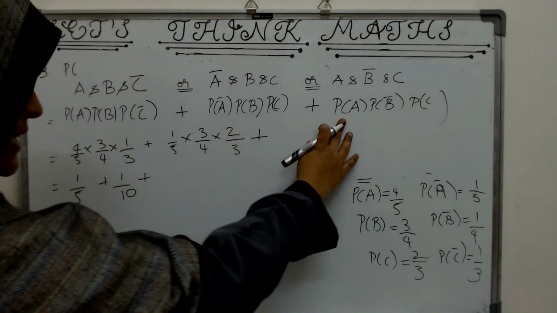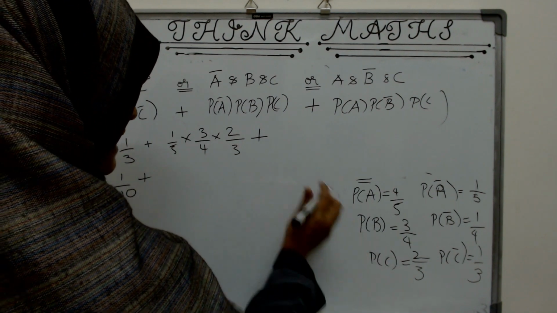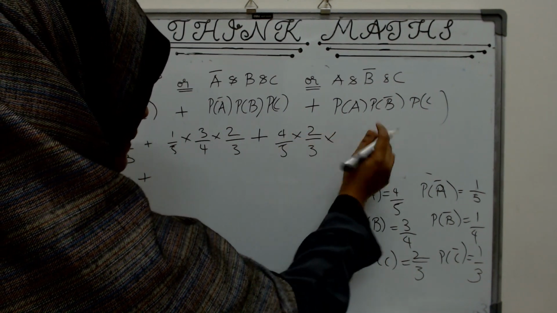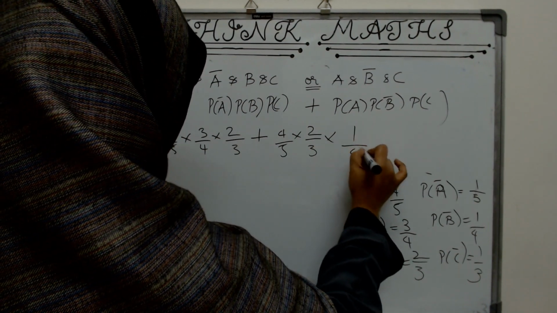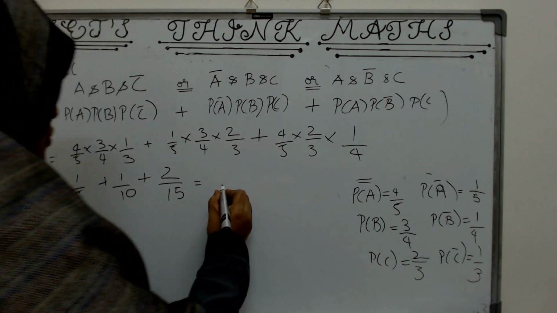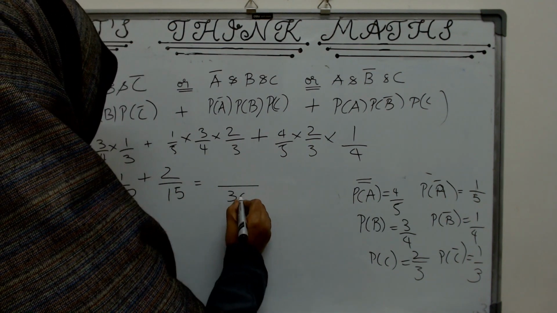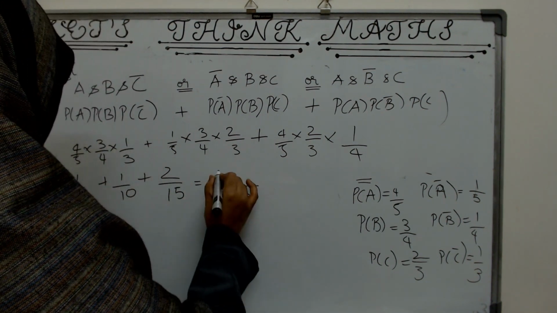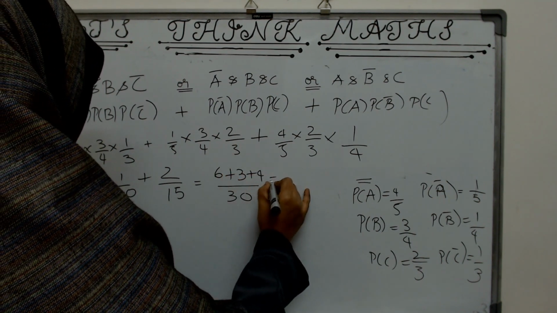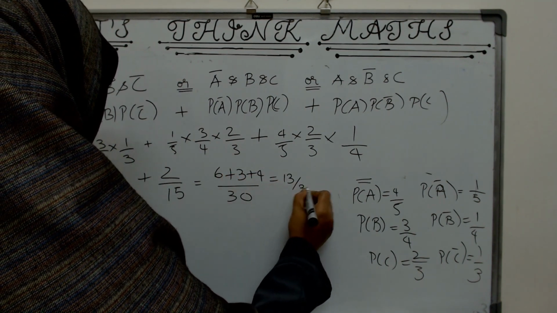And the third one is A and C, 4 by 5 into 2 by 3 into B complement would be 1 by 4, that is 2 by 15. That would be LCM 30, and you would have 6 plus 3 plus 4, that is 13 by 30.